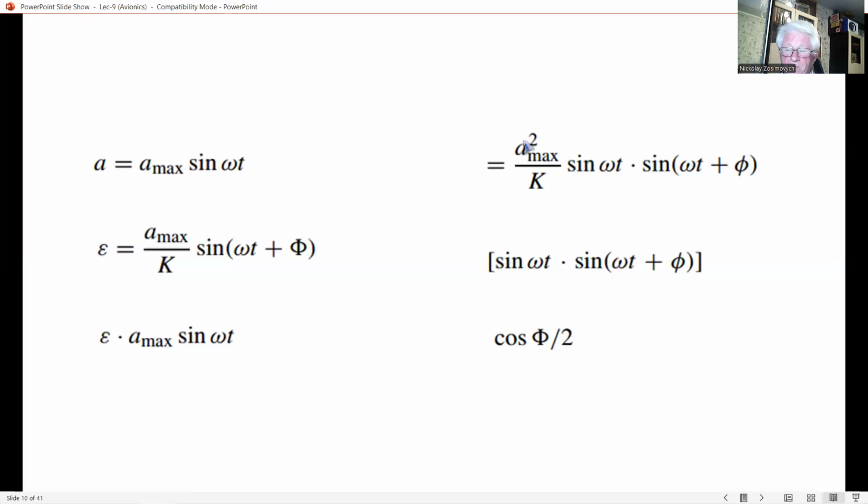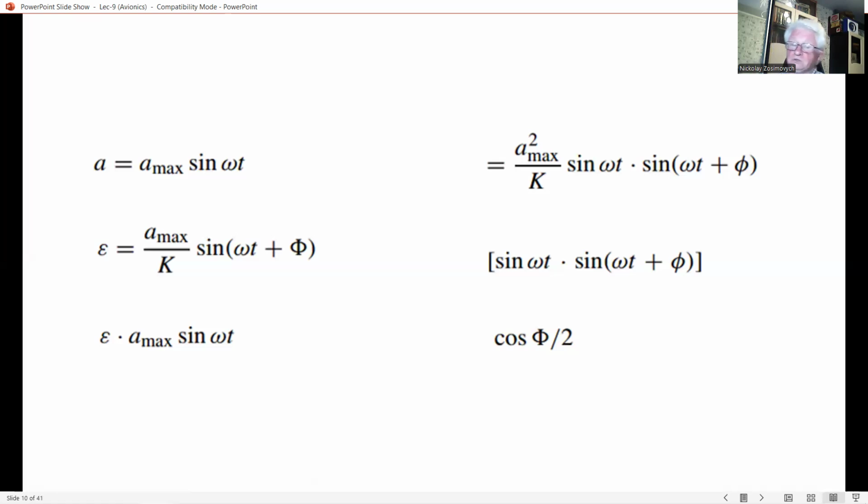which is proportional to (A max squared / K) sin ωt sin(ωt + ψ). This product, sin ωt · sin(ωt + ψ), has an average value of cos ψ / 2, so that a proportion of the input vibration is rectified.